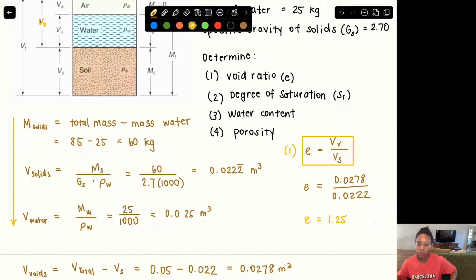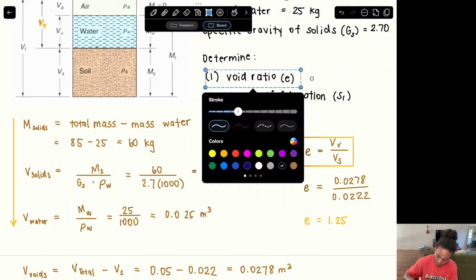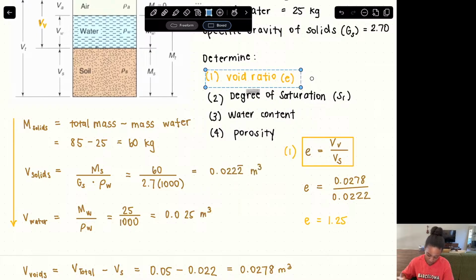How'd you guys do? Did you get that one right? Any questions on that so far? So we found the answer to the first one, void ratio.